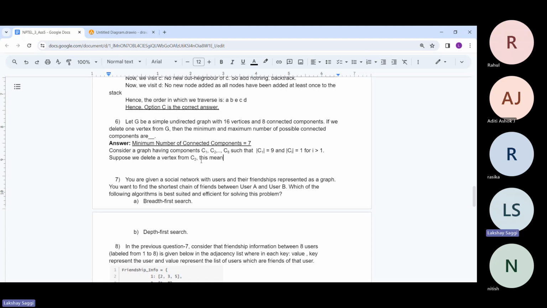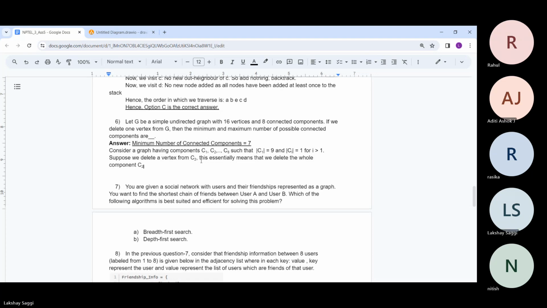So this means that we delete the whole component C2, while all other components remain the same.